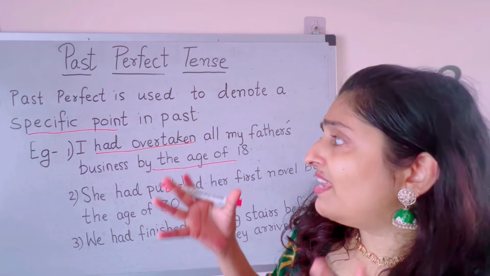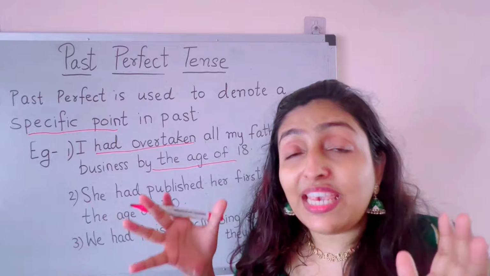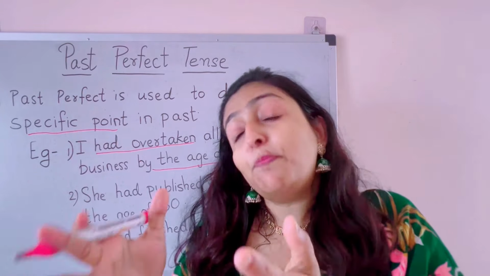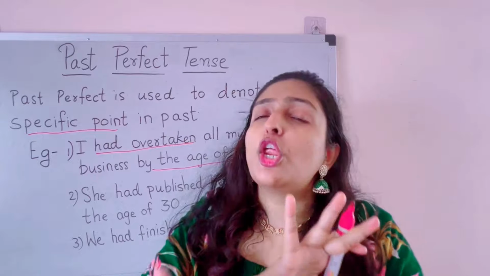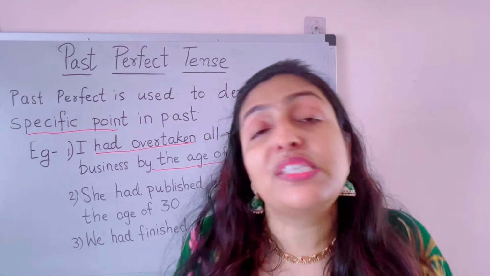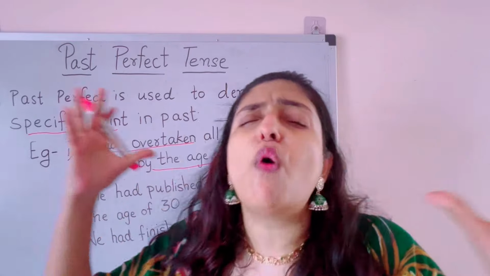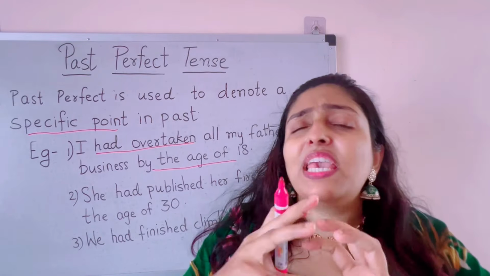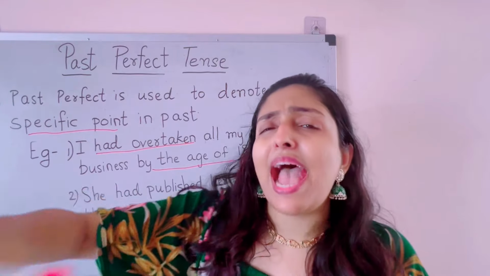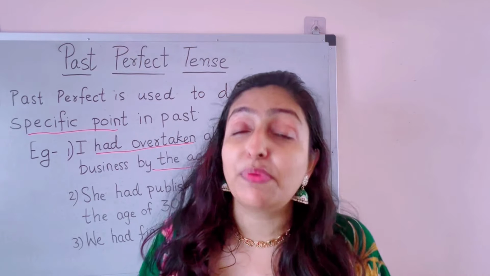Okay, so does it mean that he acquired his business sharp at the age of 18? No. Even before 18 itself, he was involved in the business. He was immersed and he had his hand all over his dad's business.